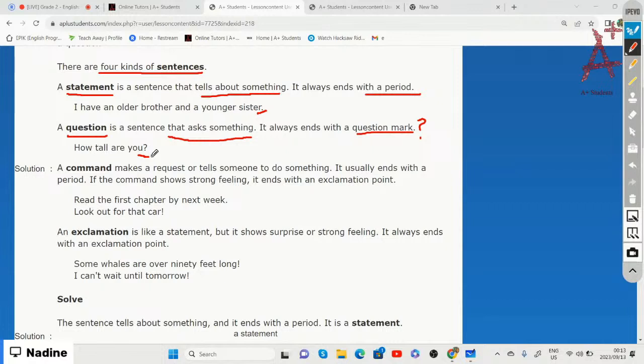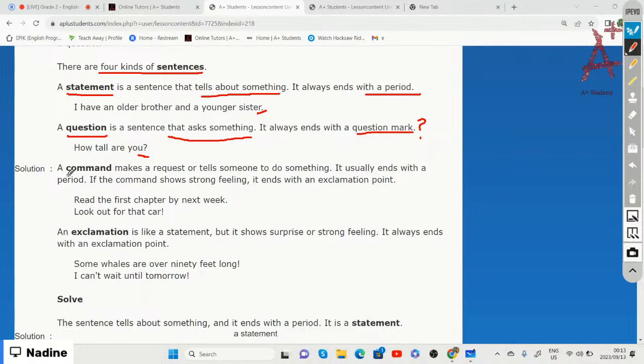And then we have a command. And with a command, right, it is us making a request.